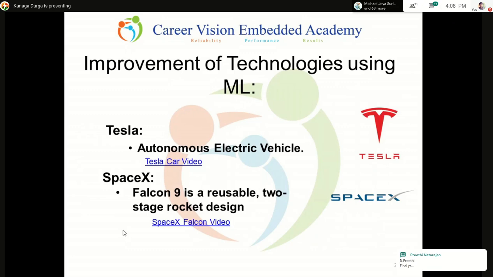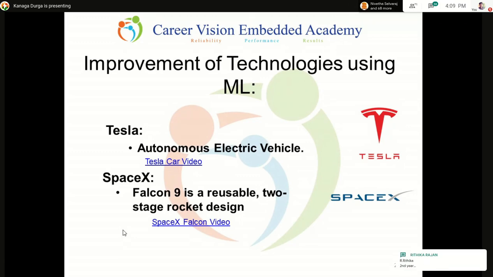So the next major technology development using ML is in Tesla and SpaceX. We know Elon Musk as the CEO of Tesla and SpaceX. Tesla develops electric vehicles, autonomous electric vehicles.